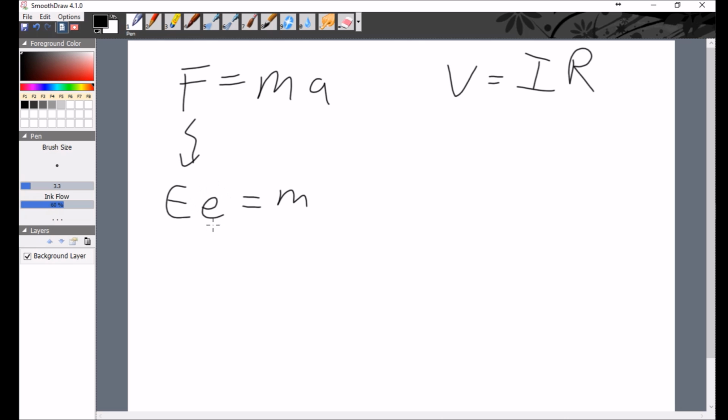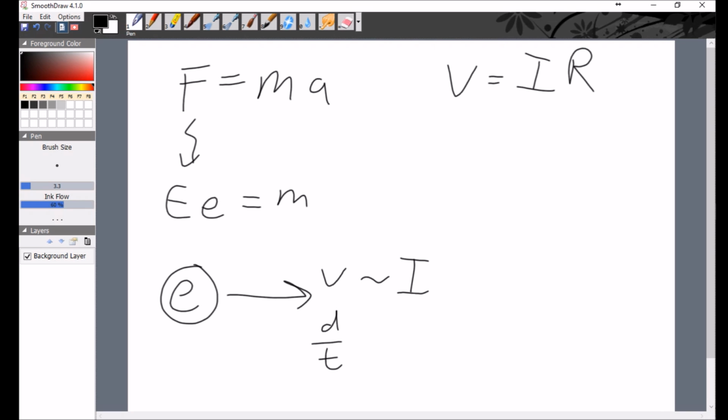Now, I can't really measure the acceleration of an electron, but if I think about it, when I have an electron going by at a certain velocity, then I can relate that velocity to the current going through, right? This nice current here. The way I can think about that is that velocity is distance over time, current is charge over time.